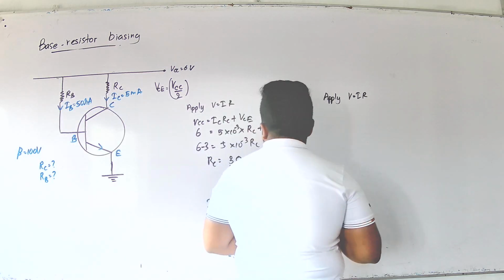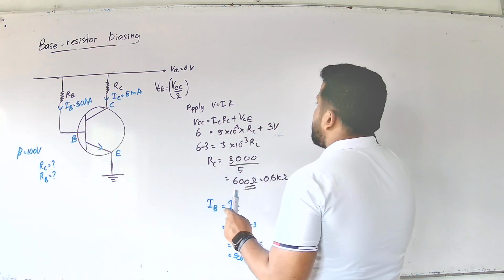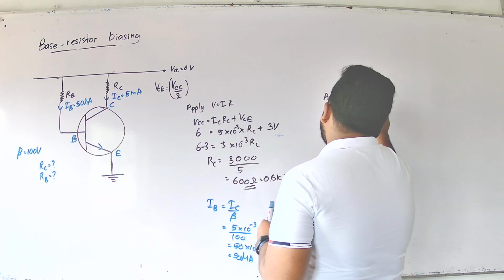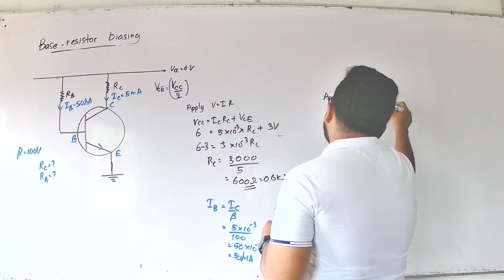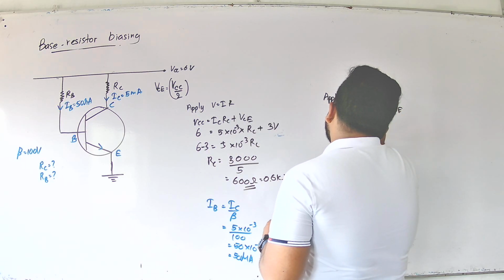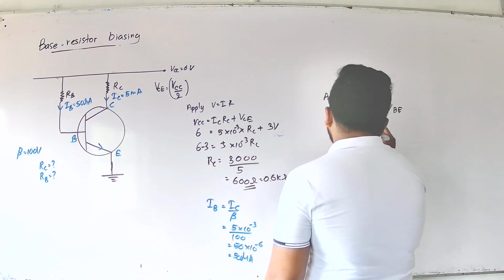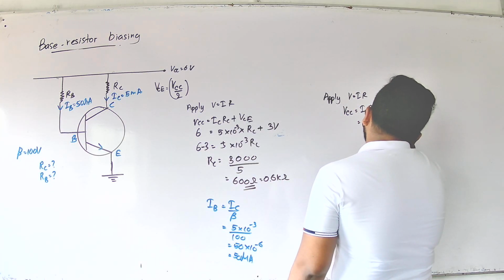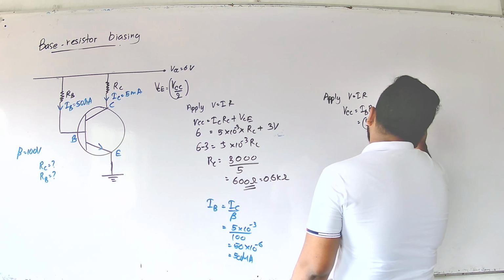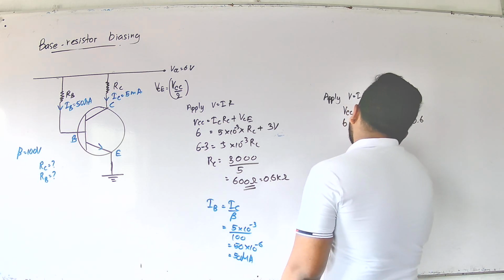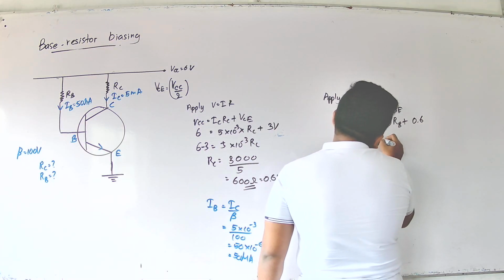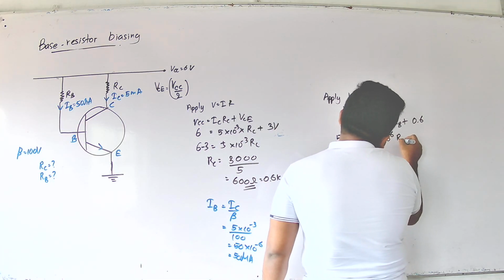So we apply V equals IR: VCC equals IBRB plus VBE. IB is 50 microampere, that is 50 into 10 to the power minus 6 times RB, plus VBE which is 0.6, and VCC is 6. That means 5.4 equals 50 into 10 to the power minus 6 into RB.